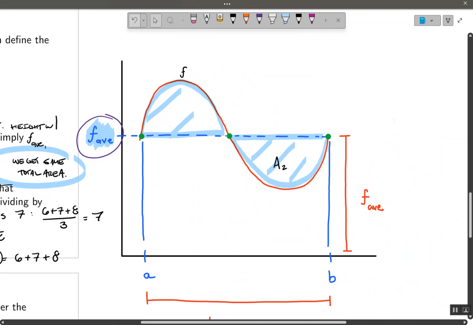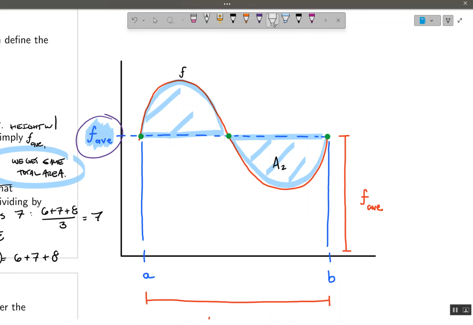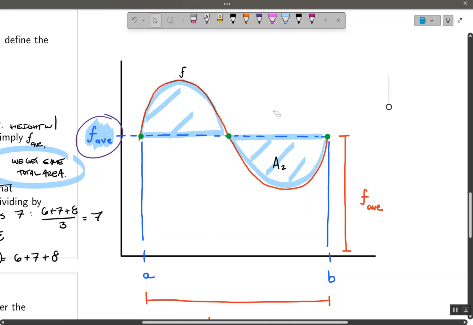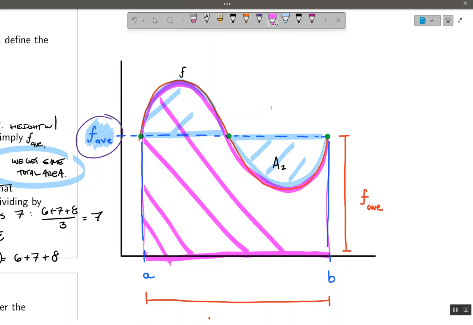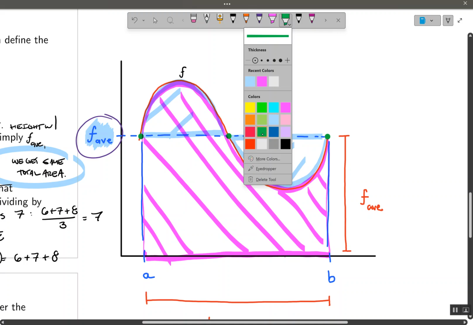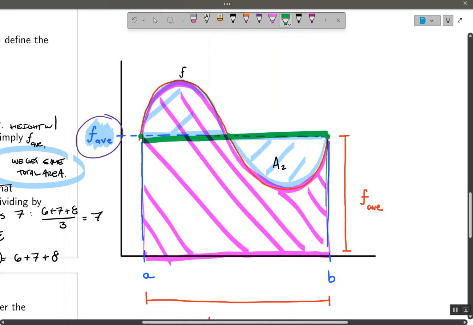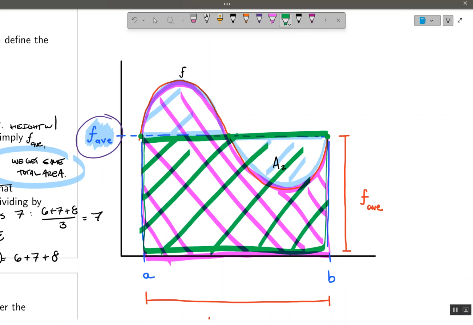The big idea here is that the area under f, which I'm going to draw here in pink, this area under f, is the same as this area here of the rectangle formed where the height of all the little rectangles is the f average.